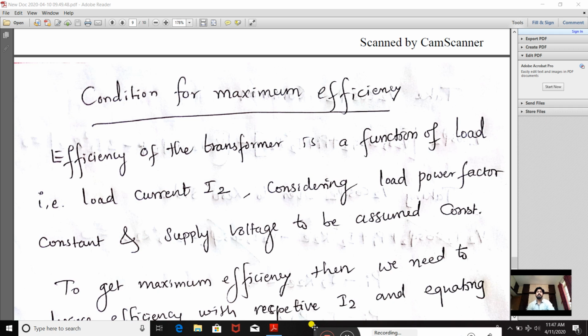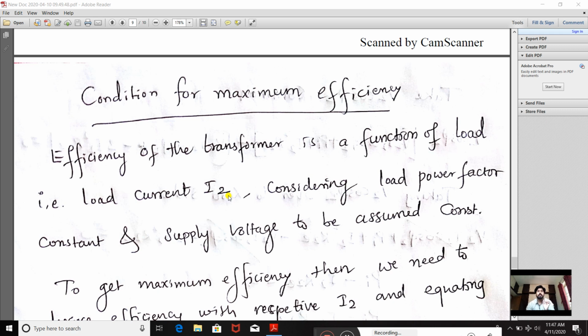Basically, efficiency is a function of load, and load is nothing but the load current I2, because we have already studied the efficiency derivation in the last class. In that we got the equation V2 I2 cos phi 2 divided by V2 I2 cos phi 2 plus Pi plus I2 square into R2E.